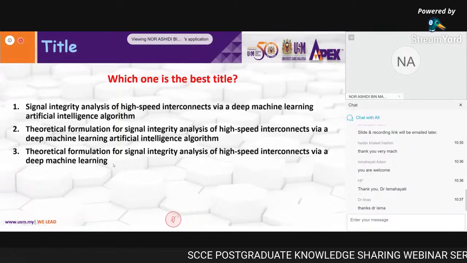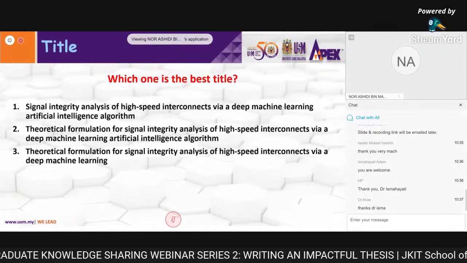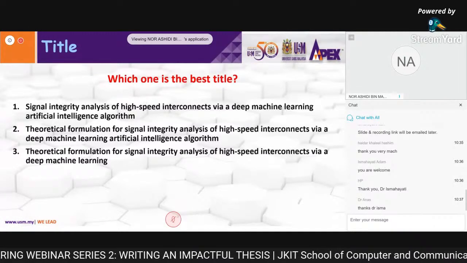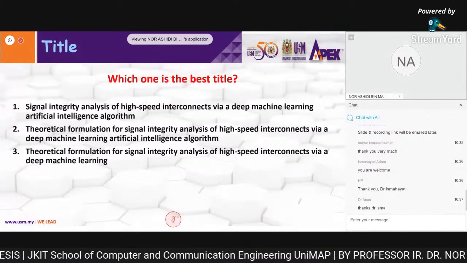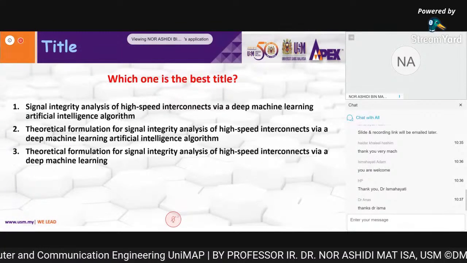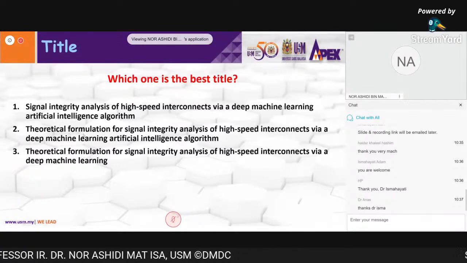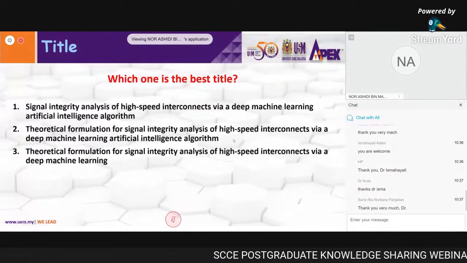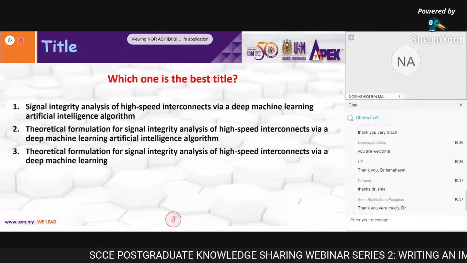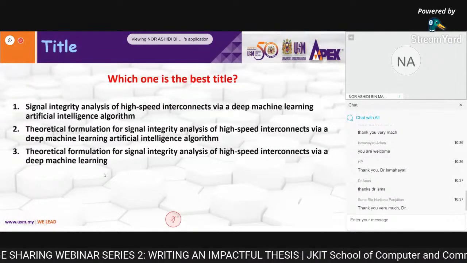So that's why you have to try to be as short as you can, but the title must cover the whole content of your thesis, the level of your research, the niche area that you want to cover, and also the techniques that you want to use. Make sure that everything is there.